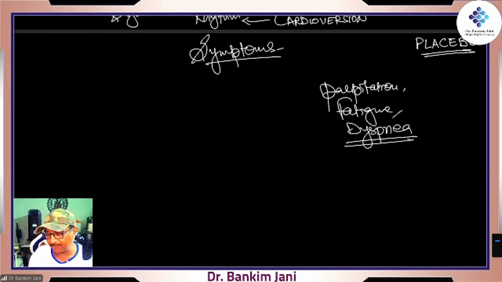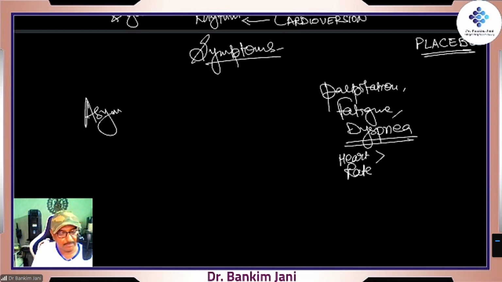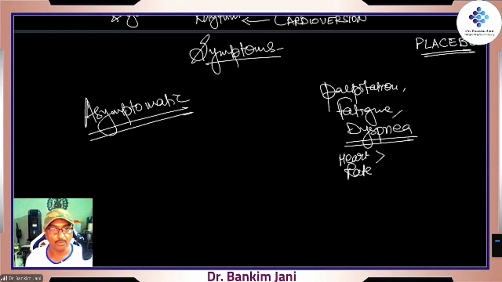Okay, so here it is. The palpitation, fatigue, and dyspnea occur when the heart rate is high. But in some cases, patients are asymptomatic. If the patient is asymptomatic, why did that patient come to you?